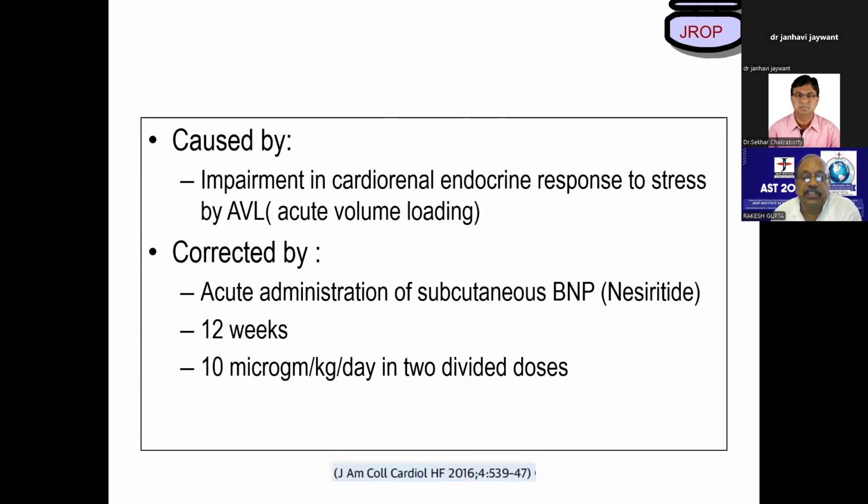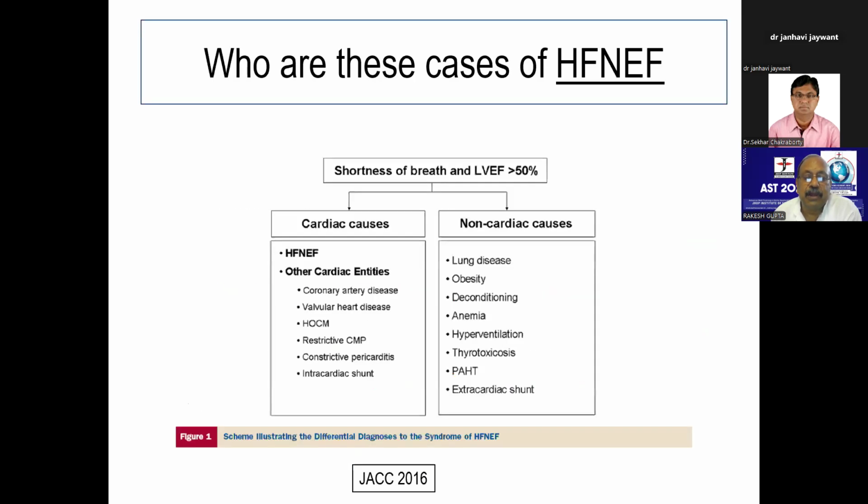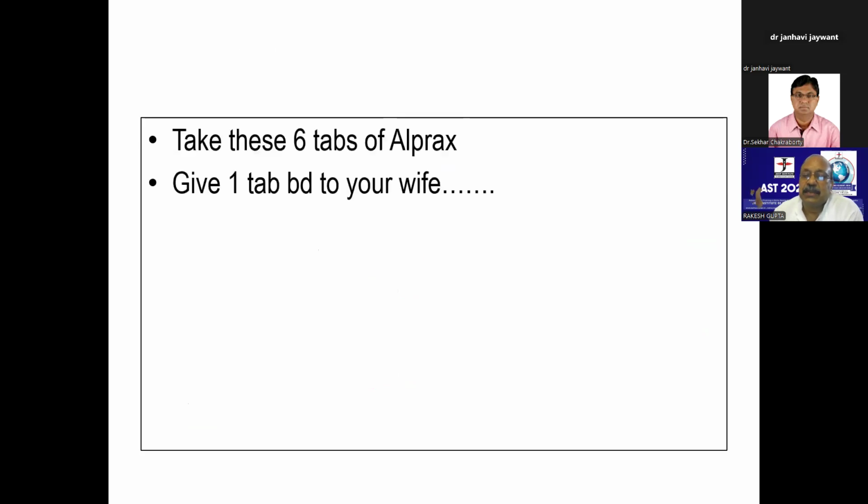Look, the features of rheumatic fever are myocarditis, pericarditis, endocarditis. Correct? If the patient has pericarditis, he'll have a pericardial effusion. If he's got myocarditis, he'll have a reduced LV systolic function.